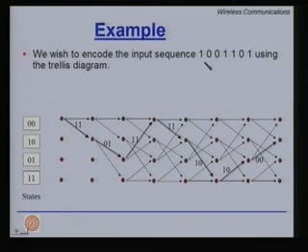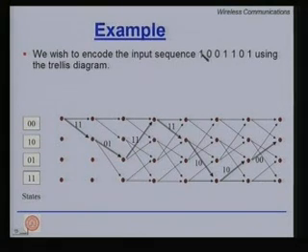Suppose we wish to encode the sequence 1 0 0 1 1 0 1 using the following trellis diagram. So, we start here, that is the starting point, initialization 0 0, and then the moment we see a 1, we take the lower path, we are in this node.